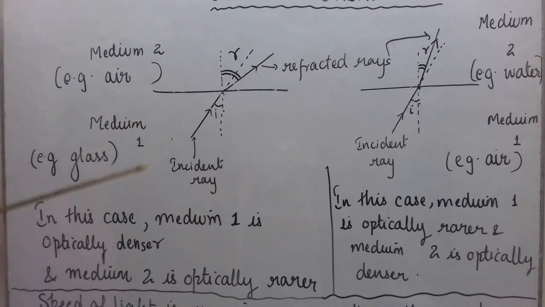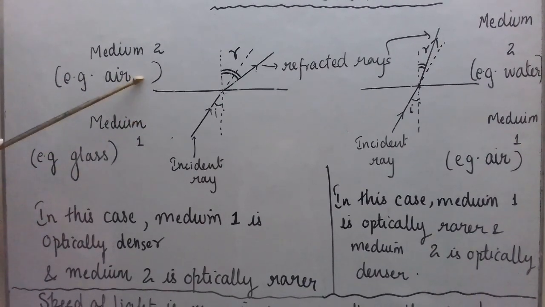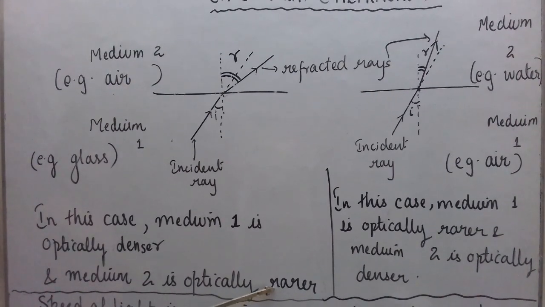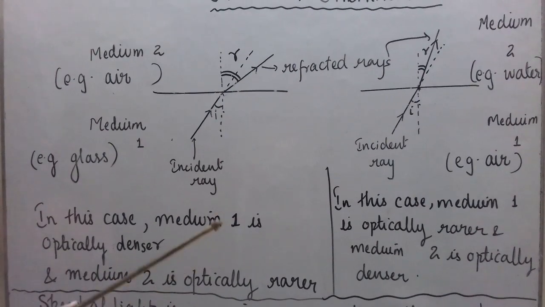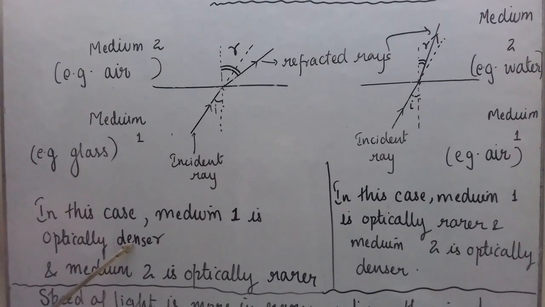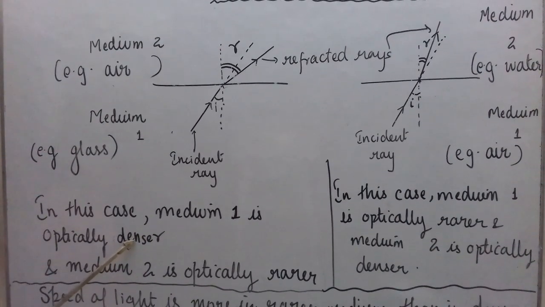And wherever the speed of light is more, we call it the optically rarer medium. And wherever the speed of light is less, we call it the optically denser medium. Here this denser does not have anything to do with the mass upon volume formula for density.